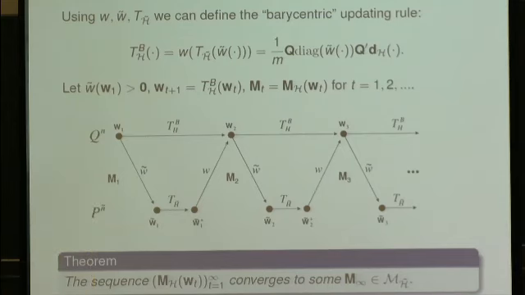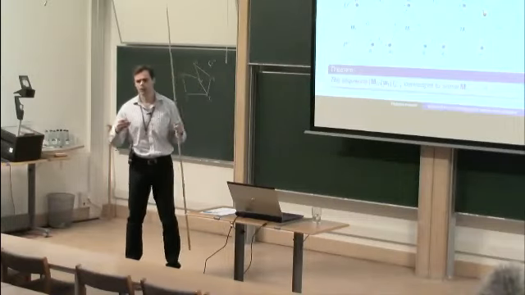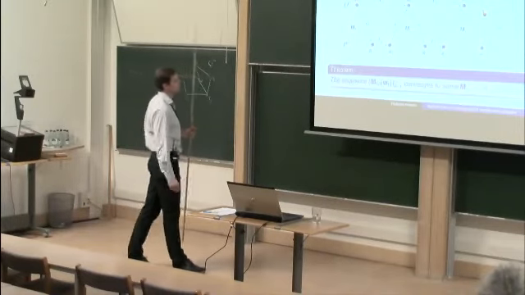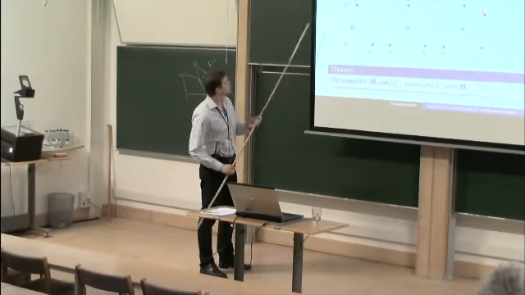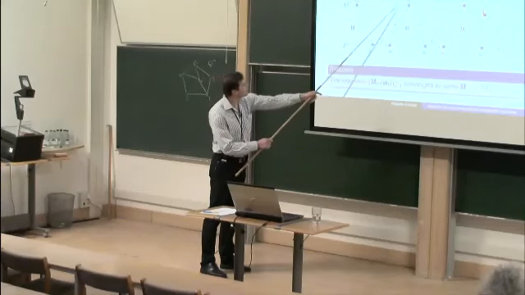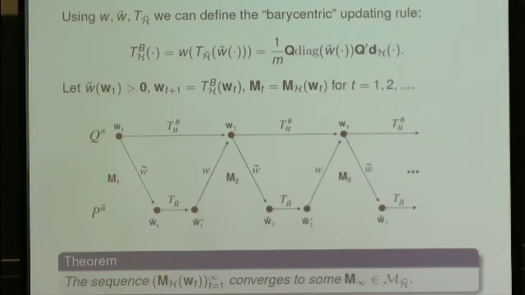I showed that the sequence of the corresponding information matrices is monotonic in the sense of determinant, because both these transformations keep the information matrix. Simply, the information matrix of this design and this design is the same, and so on. So these W's keep the information matrix.